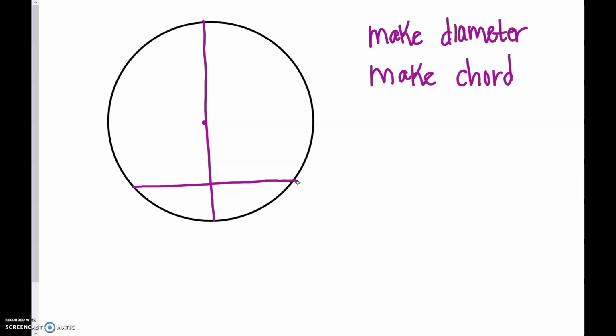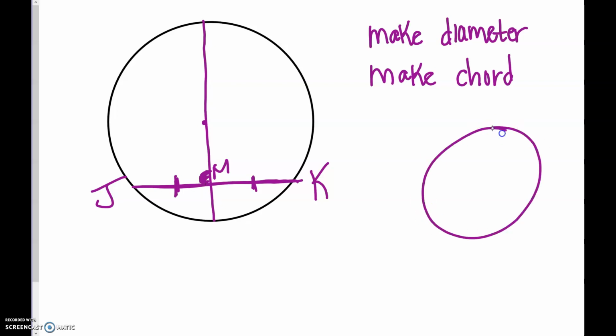And if this diameter bisected the chord JK, so that JM is congruent to MK, what do you think has to be happening between that diameter and the chord? If it is going to bisect that chord like it does here, then this diameter must be perpendicular to that chord.